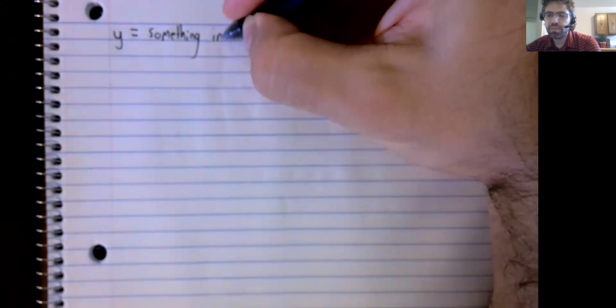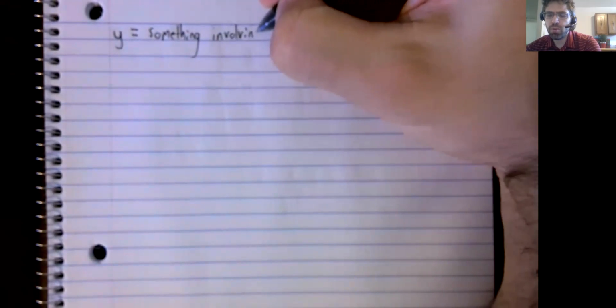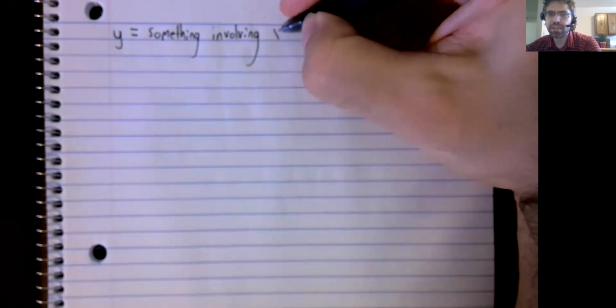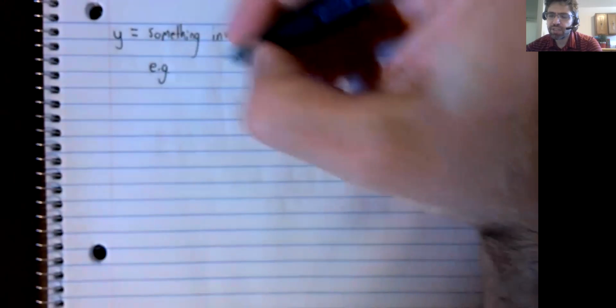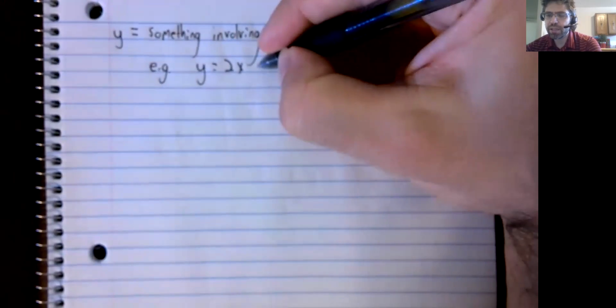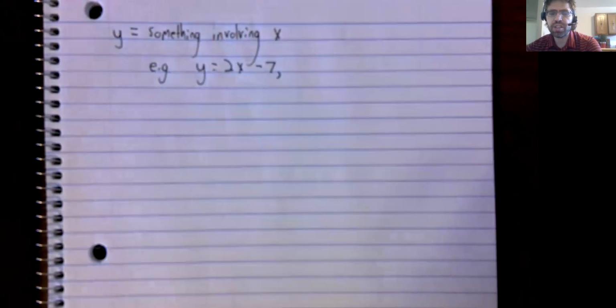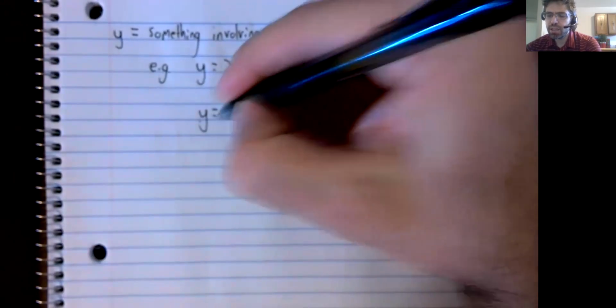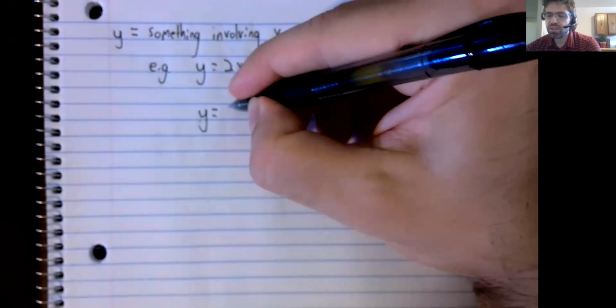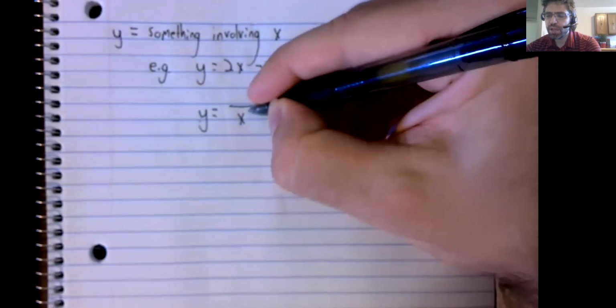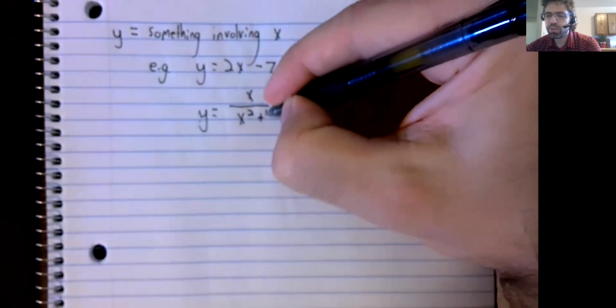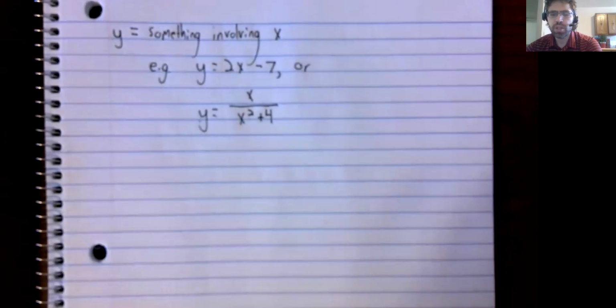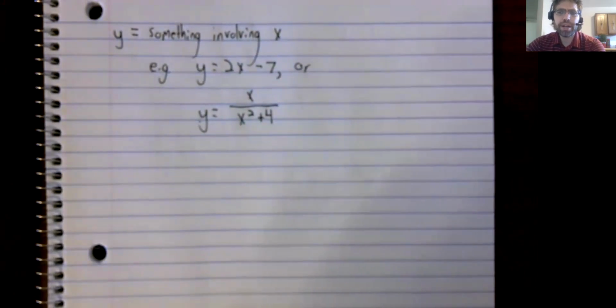something involving x. So, for example, y equals 2x minus 7, or y equals x divided by x squared plus 4, or y equals whatever.